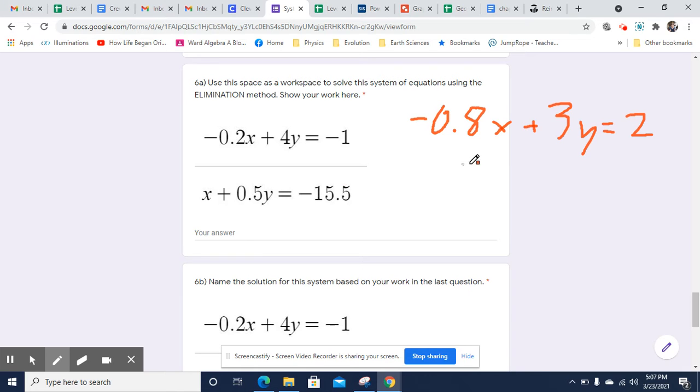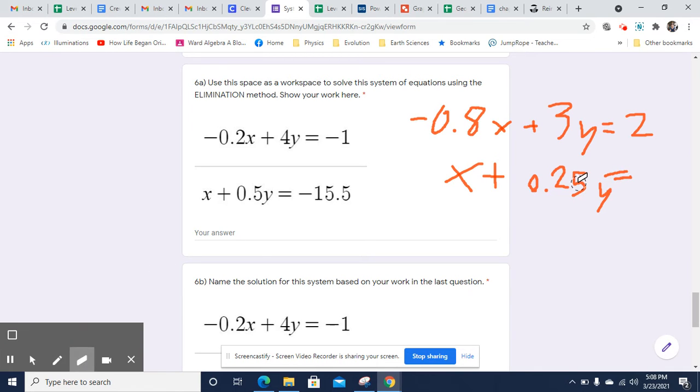Okay, and then we're going to say x plus 0.25y equals, I don't like that. I'm going to change it a little bit. I'm going to make it 0.2y equals 4.5.